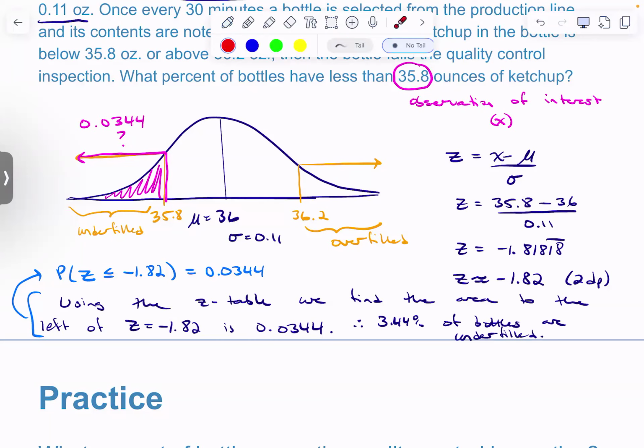So you've got two options. If you feel comfortable writing it with the shorthand, you're allowed to do that. Just be careful that what you're saying makes sense. Or just write it out in words. Using the Z table, we find the area to the left of Z equals negative 1.82 is 0.0344. The probability that Z is less than or equal to negative 1.82 is 0.0344.